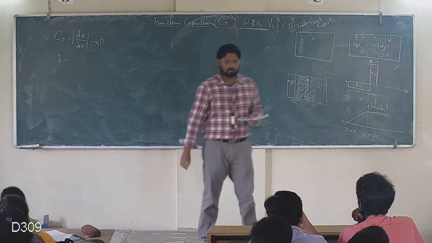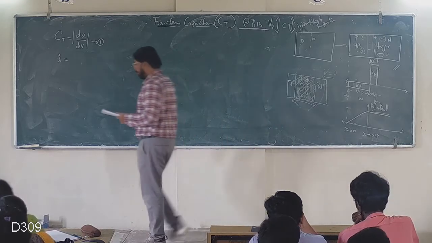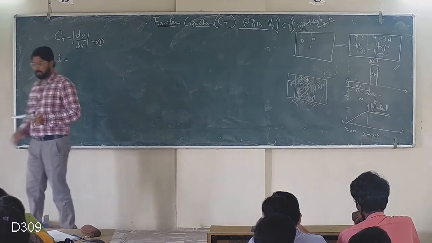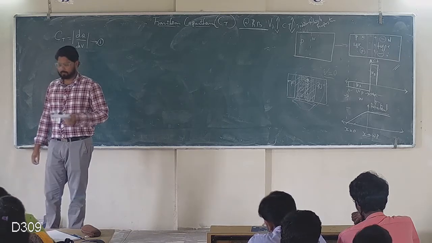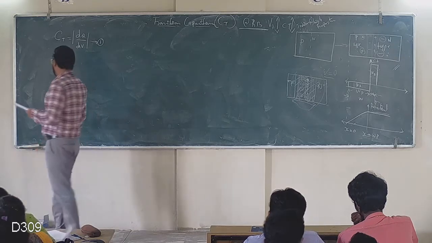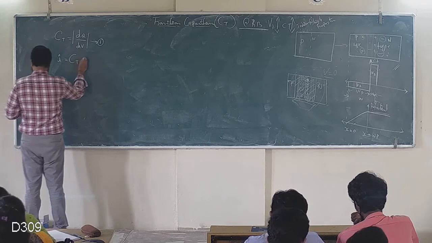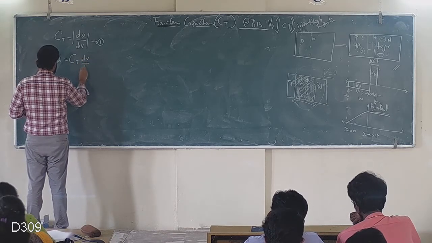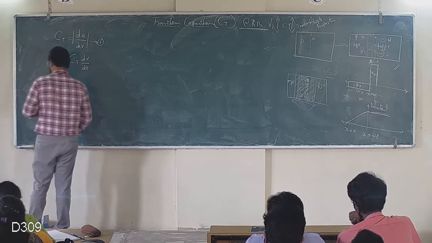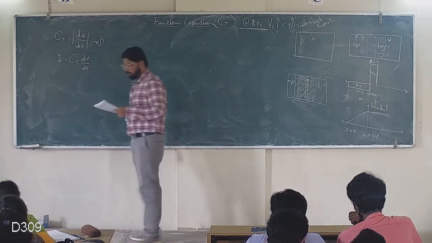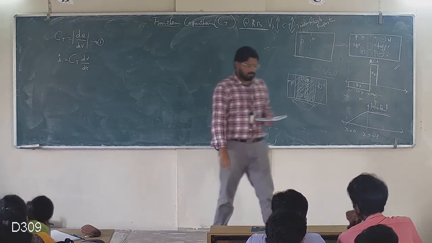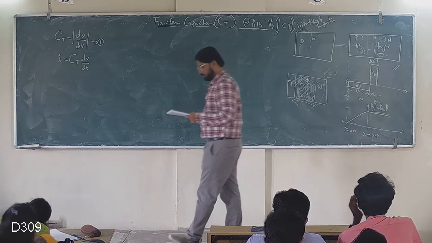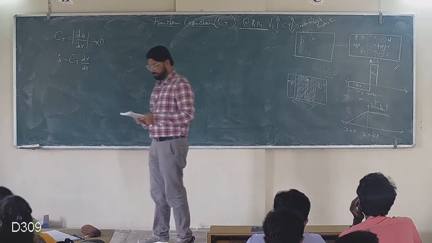That is the current: small i is equal to C_T dV by dt, the change in voltage with respect to time.